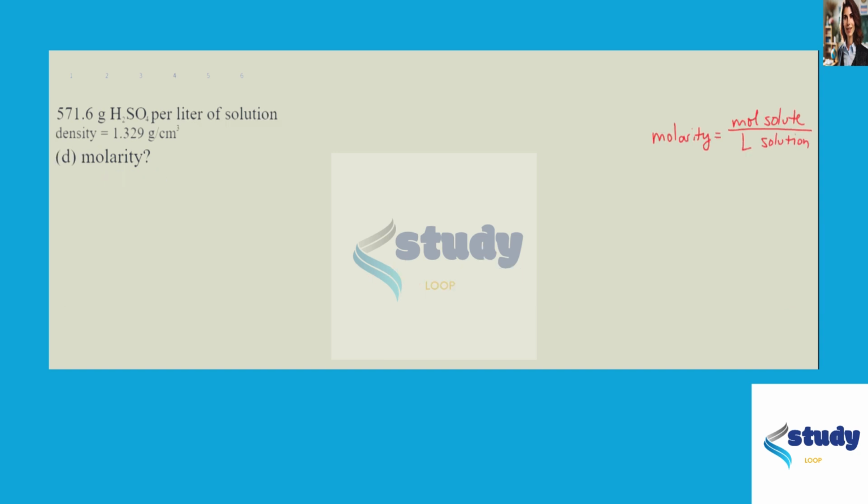Lastly, we're asked to calculate the molarity. Now, molarity is given by the equation moles of solute over liters of solution. I basically already have all this information. Moles of solute I found earlier to be 5.827 moles of H2SO4.